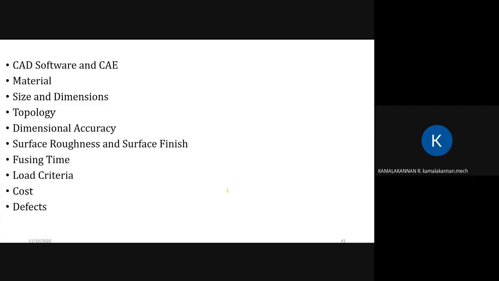Till now it is not available, and engineers are developing it; it is in a development stage. Second one is material. Choose the right material. In FDM, we are using thermoplastics: PEEK, ABS, PLA.